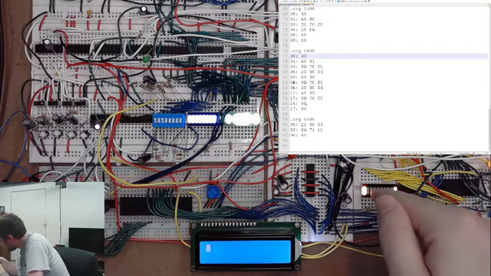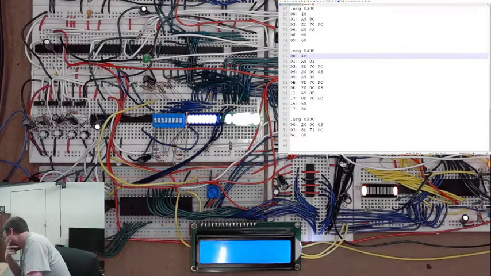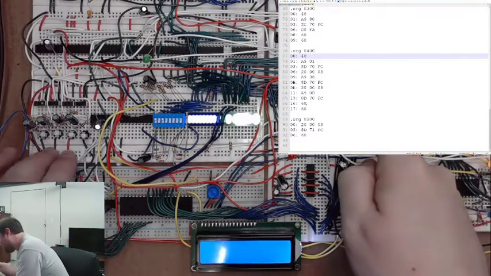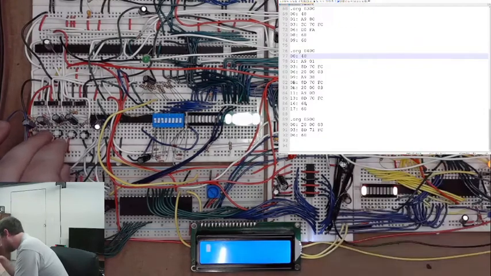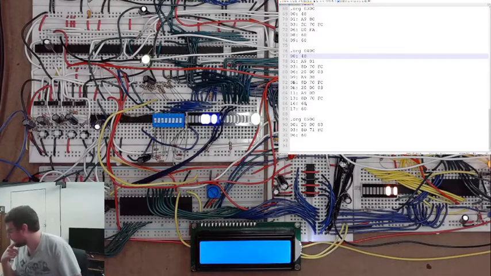Okay, no, that's right. When it's down here, this should be active. But that is wrong, and I don't know why it's doing that.